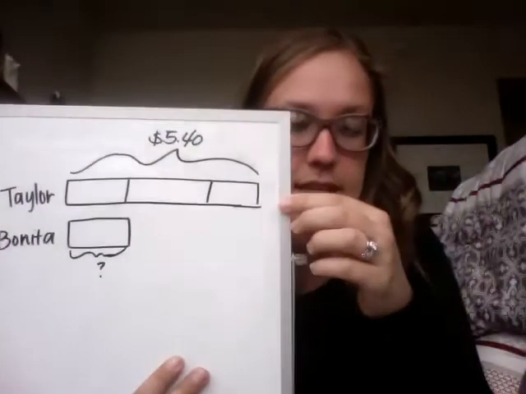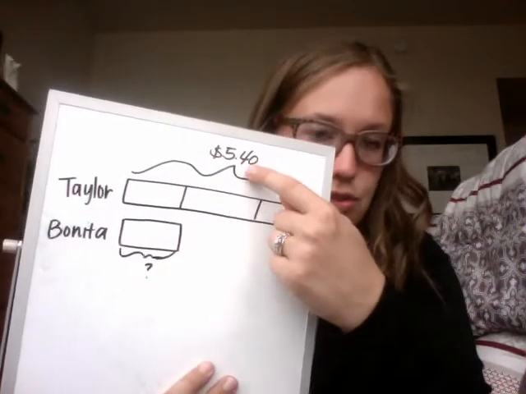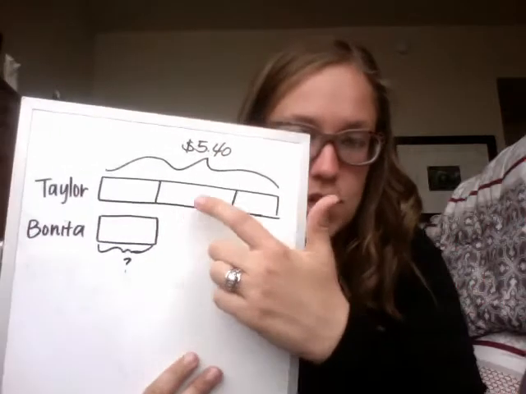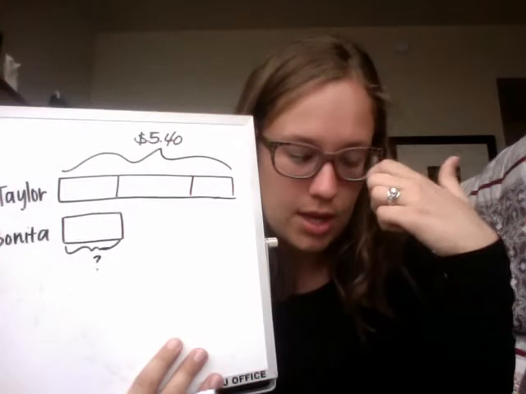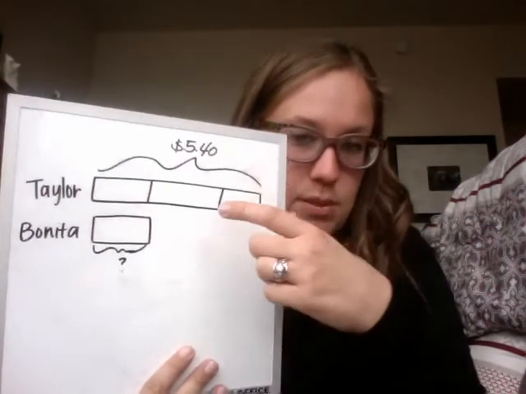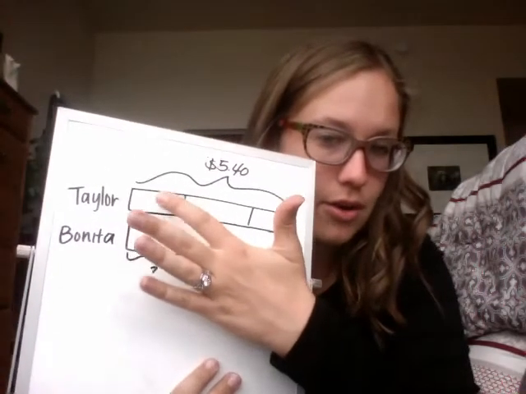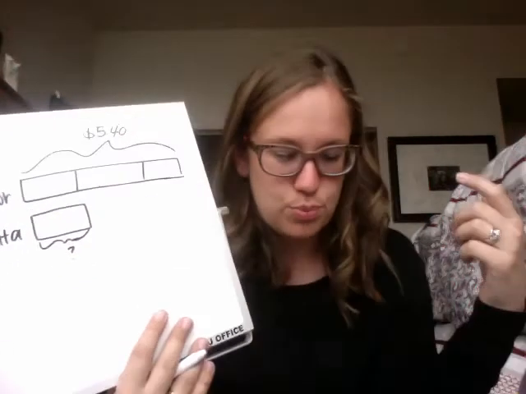So just like in your textbook, we have Taylor. She has $5.40. And she has 3 times as much as Bonita. So here we're going to have to divide $5.40 by 3 to figure out how much 1/3 of Taylor's money is. And that'll tell us how much Bonita has.